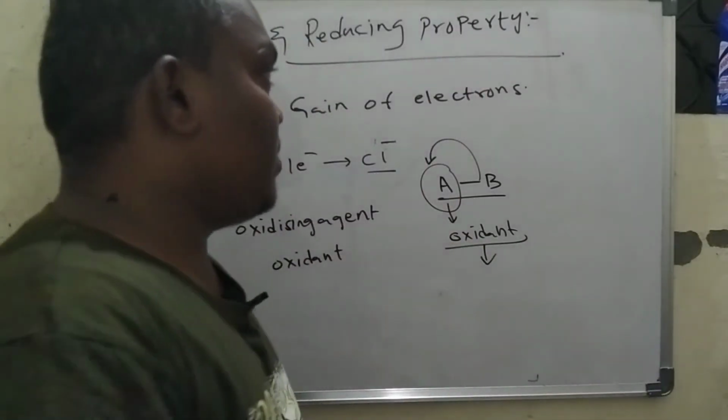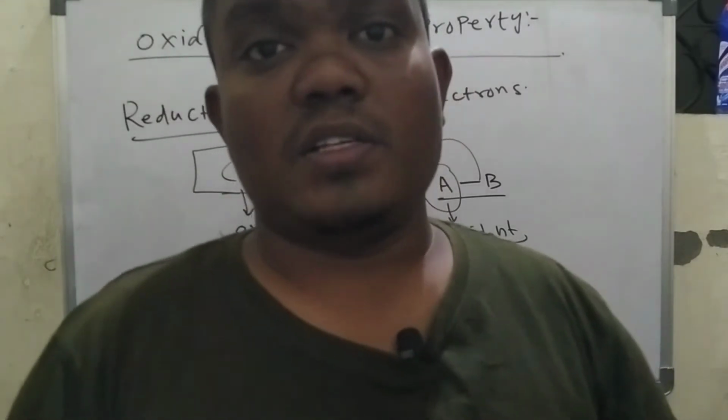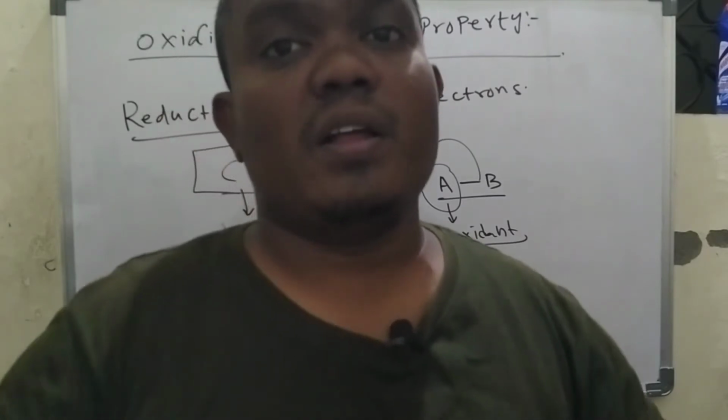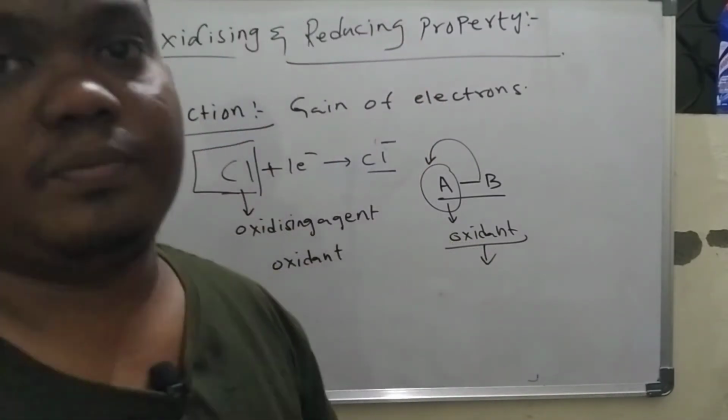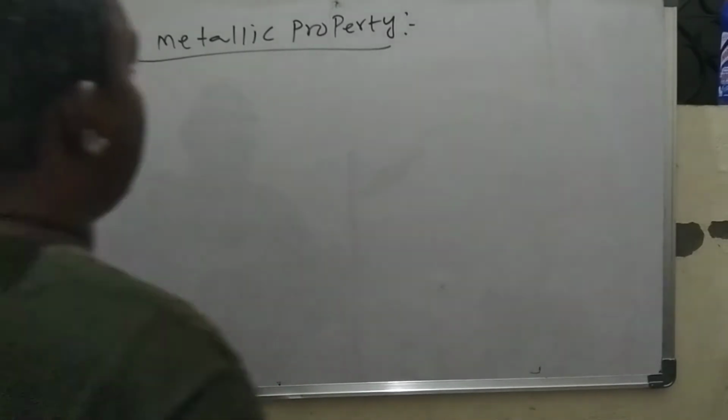Okay, let me move on to the next topic, that is metallic and non-metallic natures. How does the metallic property arise, and how does the non-metallic property arise? Let us get to know that. So, metallic property.